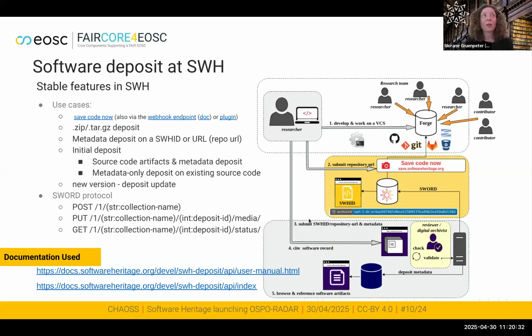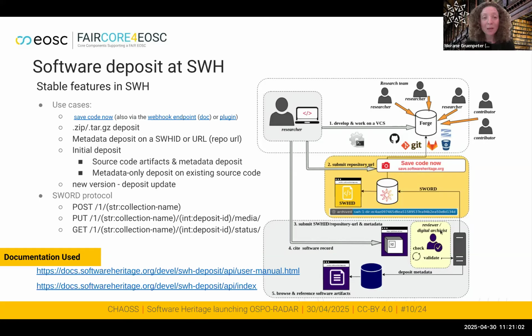We have developed the software deposit service with, so I think I have one of the future slides, the collaboration with HAL, the French National Archive, where actually the researcher will submit a SWHID into this other infrastructure, a scholarly repository, which will identify the object in Software Heritage.